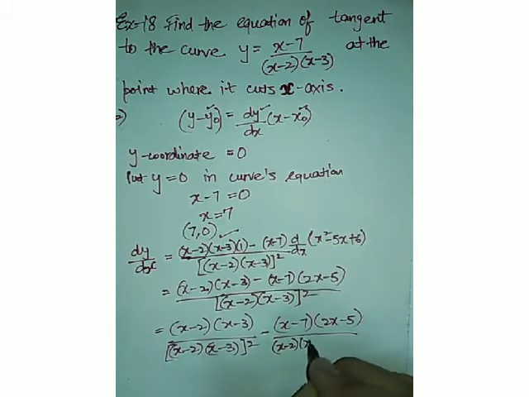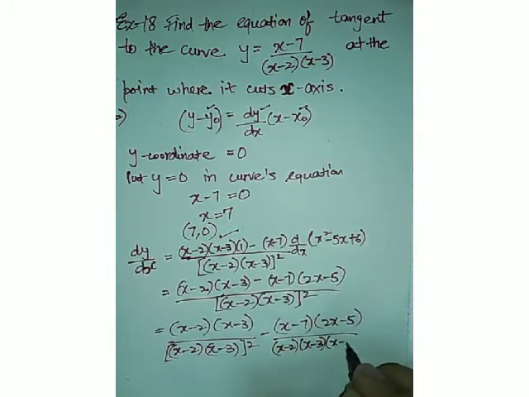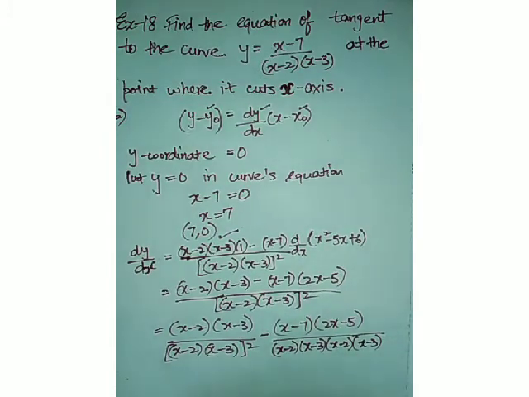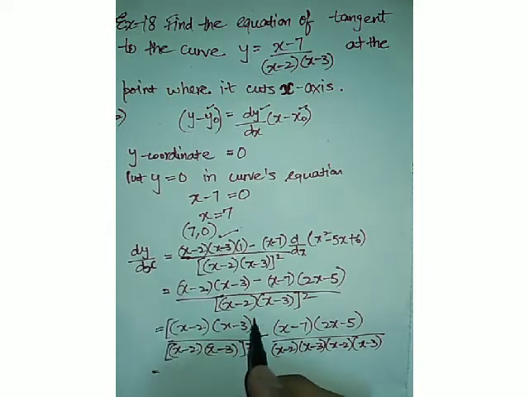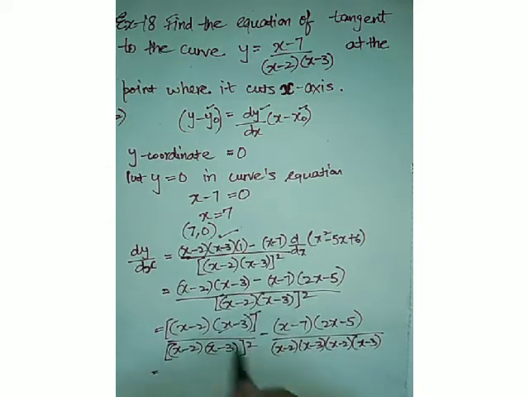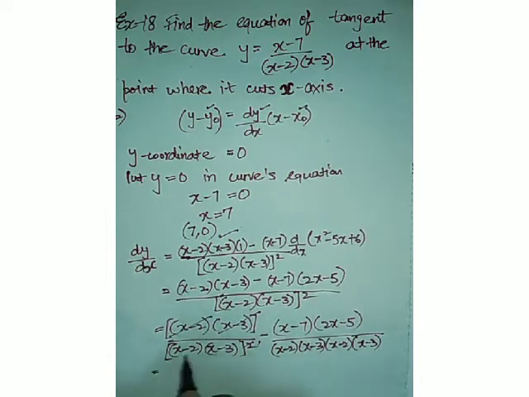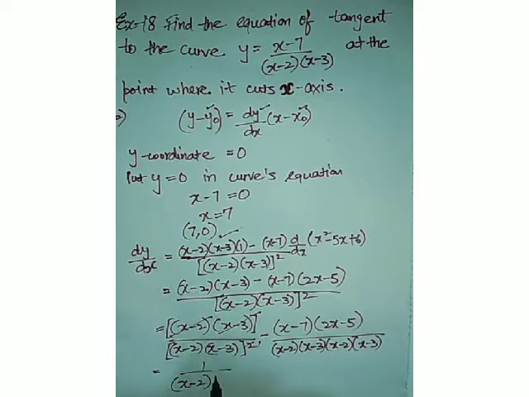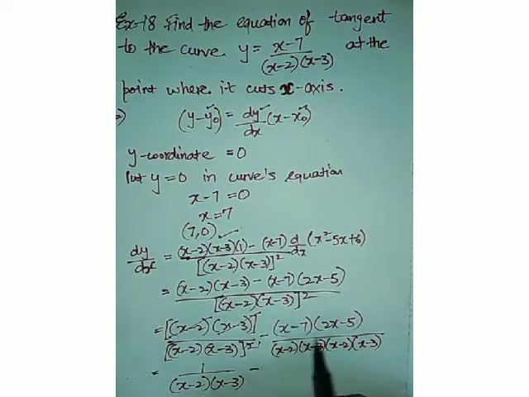Now I am splitting the square as well, x minus 3 and x minus 2 and x minus 3. Clear? We can write like this? Of course, yes. Now this is one bracket and this is the similar bracket, so it will be cancelled and we will only get 1 upon x minus 2 x minus 3 minus of, now, x minus 7 upon x minus 2 x minus 3.